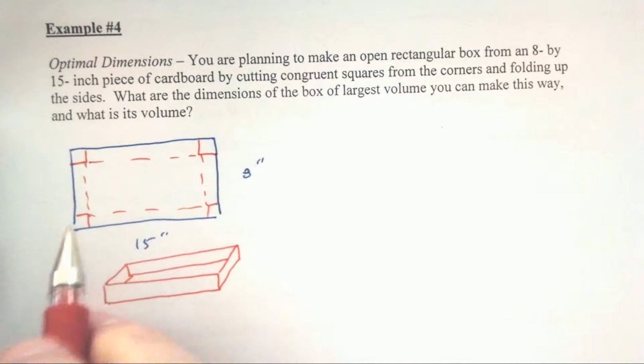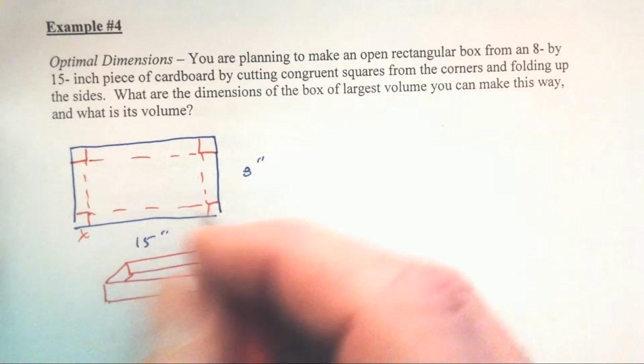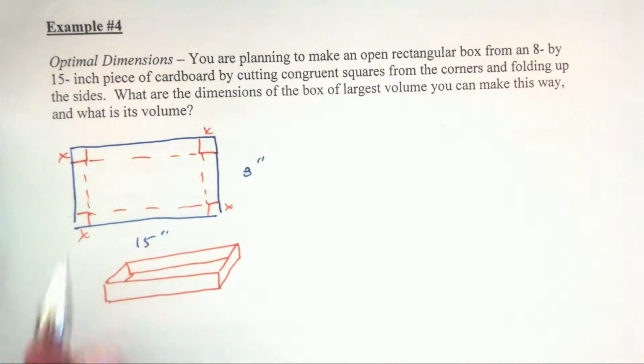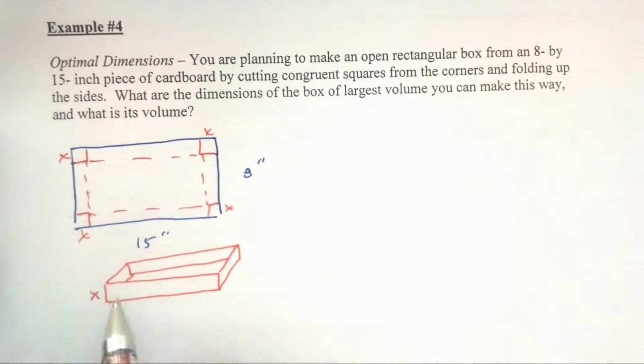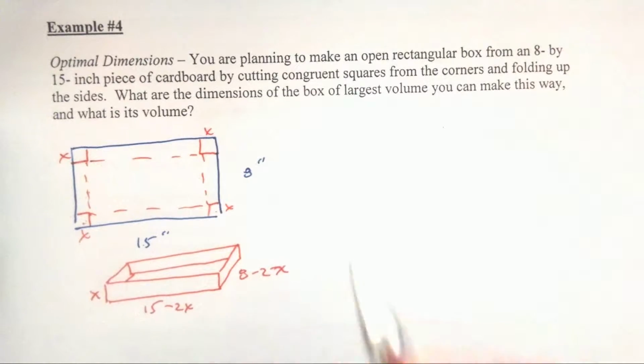Well, when I fold all of these in on the dotted lines and fold this up, if I call this x and all the cuts are x by x, then the height would be x, the length would be 15 minus 2 of those x's, and the width would be 8 minus 2 of those x's.